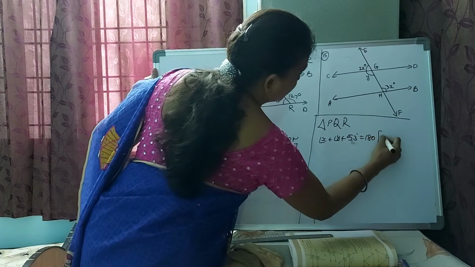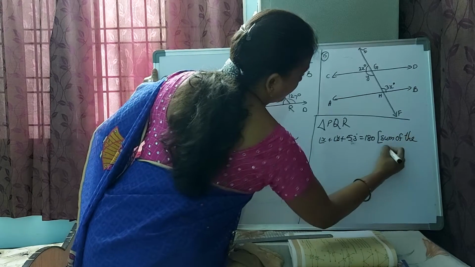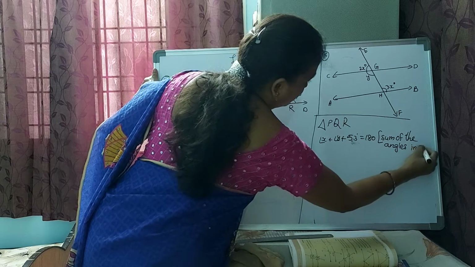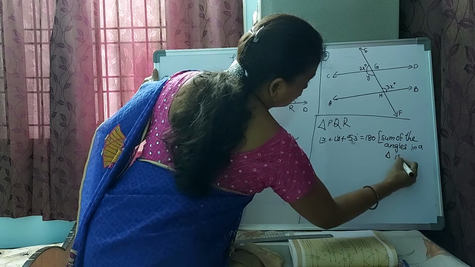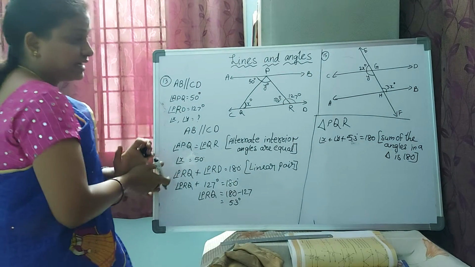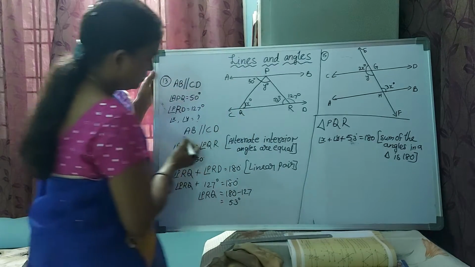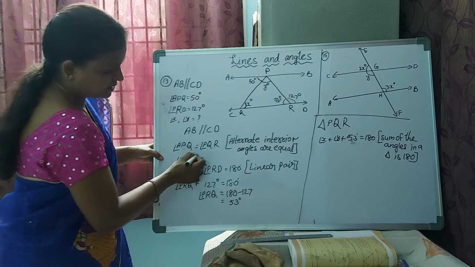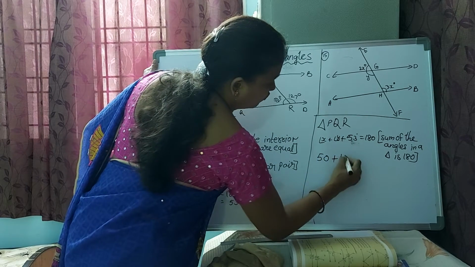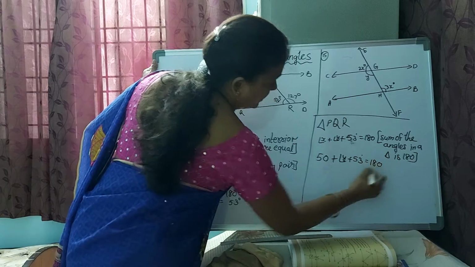Why? Because the sum of the angles in a triangle is 180. We already learned this in 8th class. So angle X is 50 degrees: 50 plus angle Y plus 53 is equal to 180.